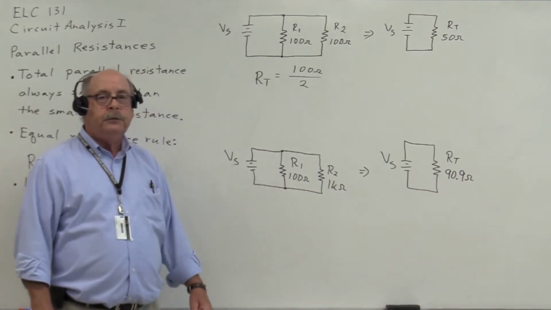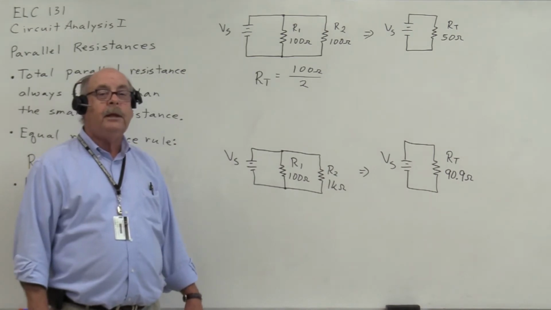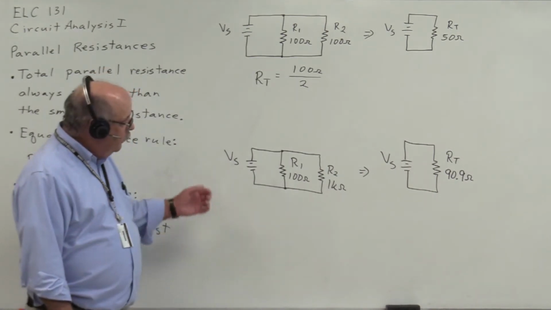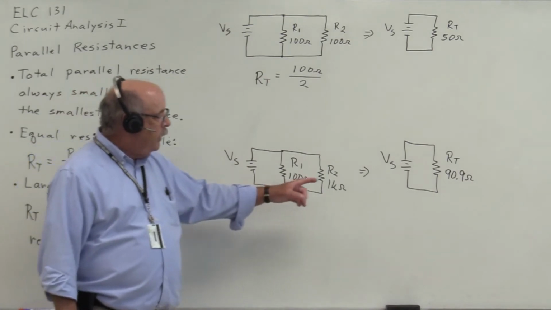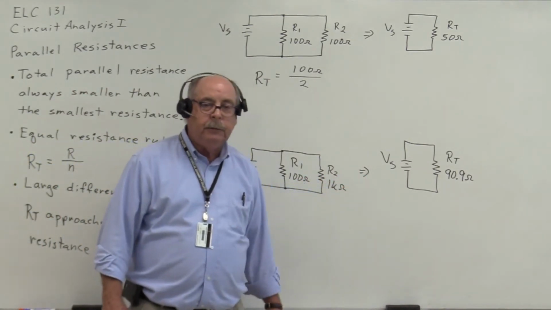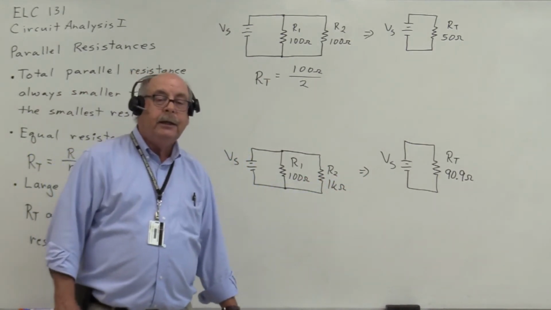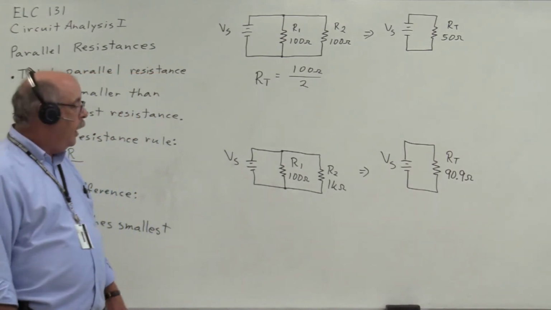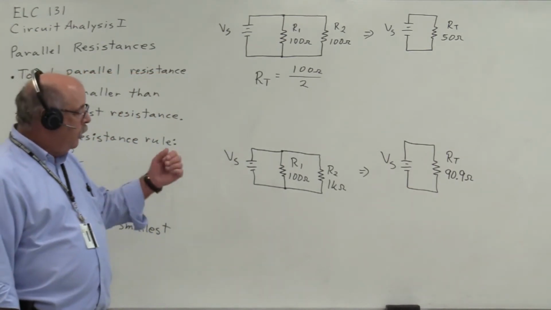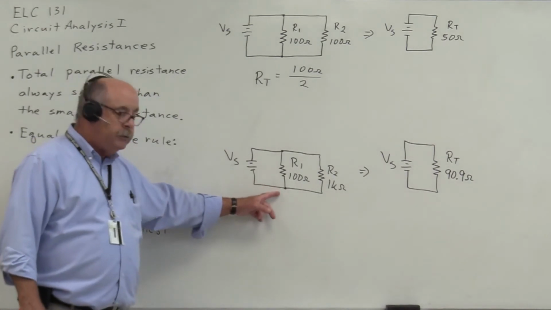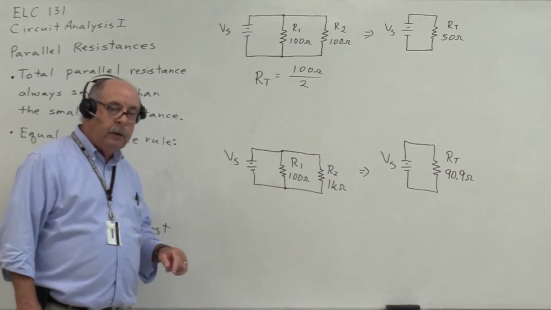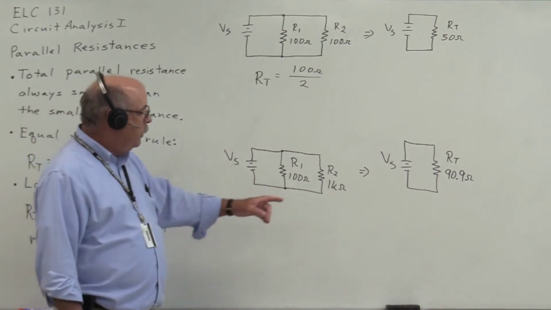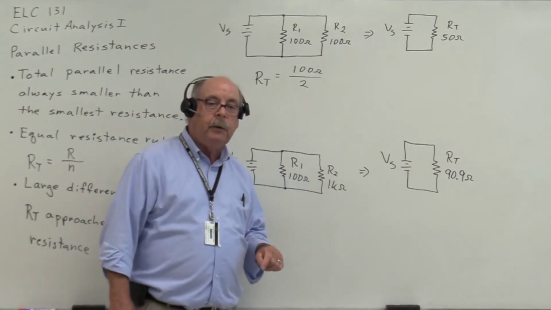R1 is 100 ohms and R2 is 1 kilo ohm. If we do the calculations, we find that the total resistance, as seen by the source, is 90.9 ohms. So you can see the total resistance is getting close to the smaller resistor. However, it's always going to be smaller than that smaller resistor.